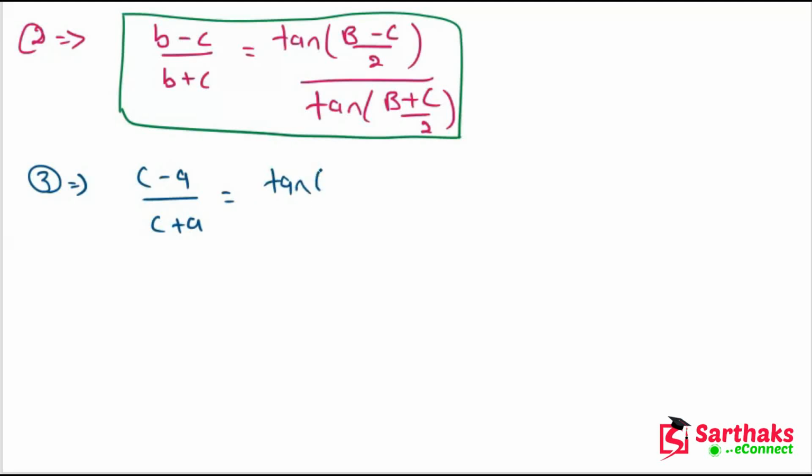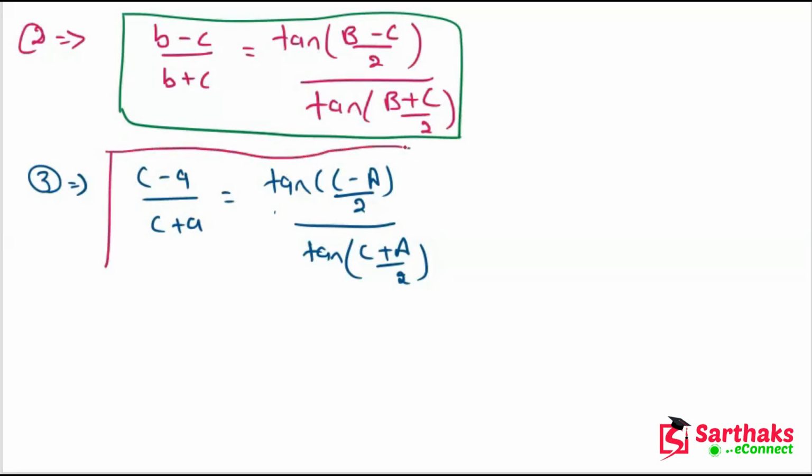So this will be tan((C minus A)/2) divided by tan((C plus A)/2). So these are the formulas of the law of tangents. They are very important formulas.